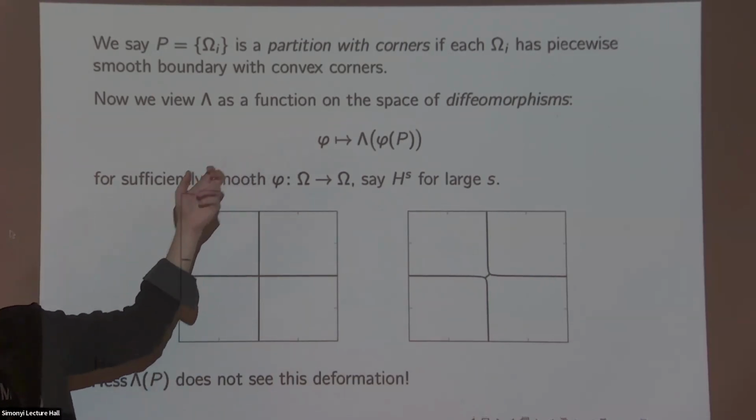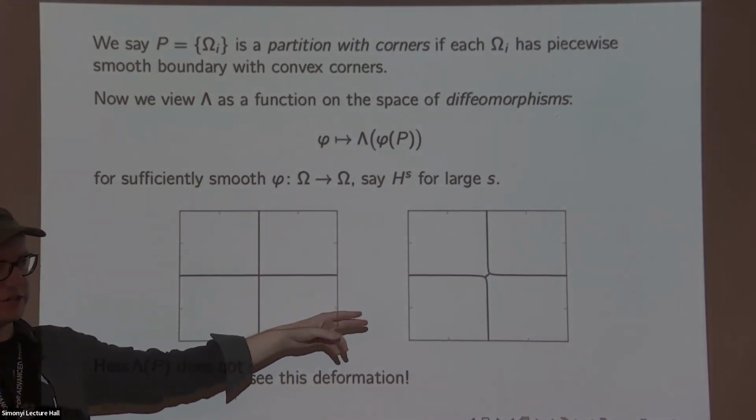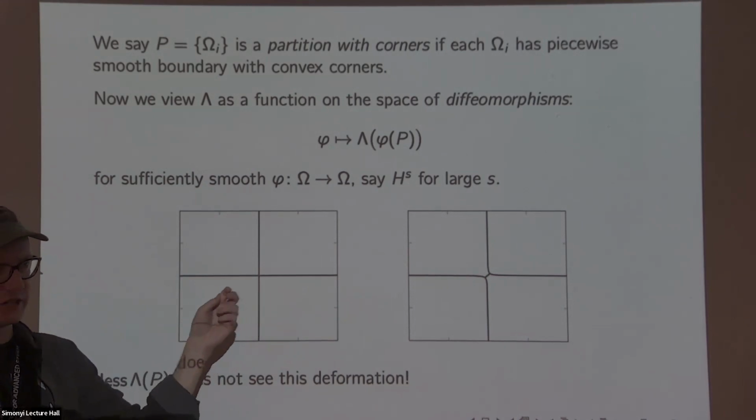And so if I look at my energy functional, if I calculate the Hessian of that, so I calculate the second derivative to see if I have a minimum or not by comparing it to nearby partitions, well, my energy functional, and hence the Hessian of my energy functional, is not going to see this partition because it's not a smooth deformation of this one.